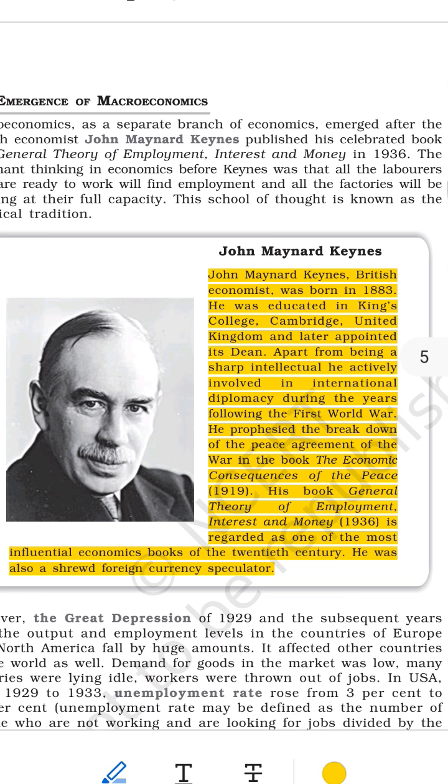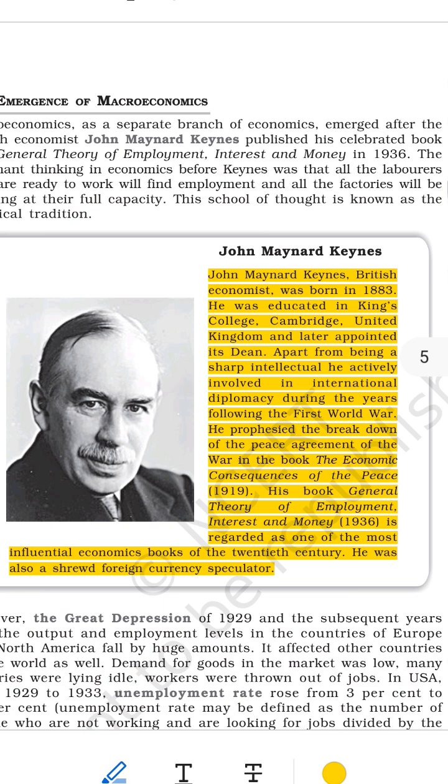Line 4. He prophesied the breakdown of the peace agreement of the war in the book The Economic Consequences of the Peace, 1919. He prophesied. This means he predicted something would happen before it actually happened. After the war, many countries signed a peace agreement, like a peace deal.